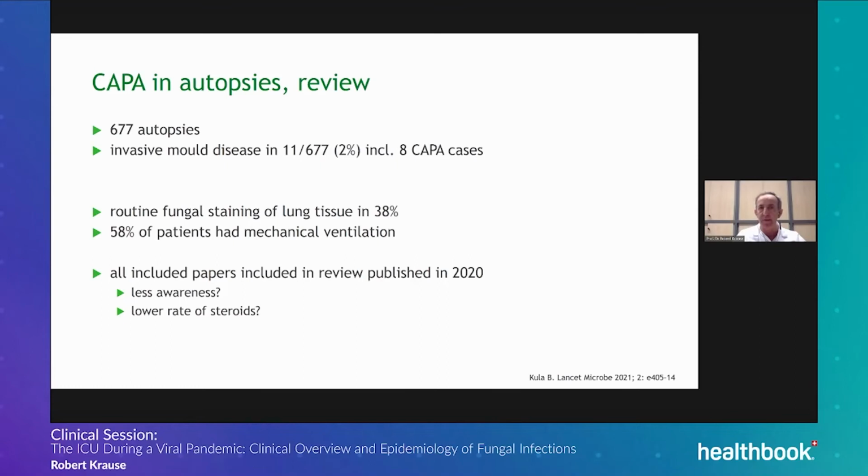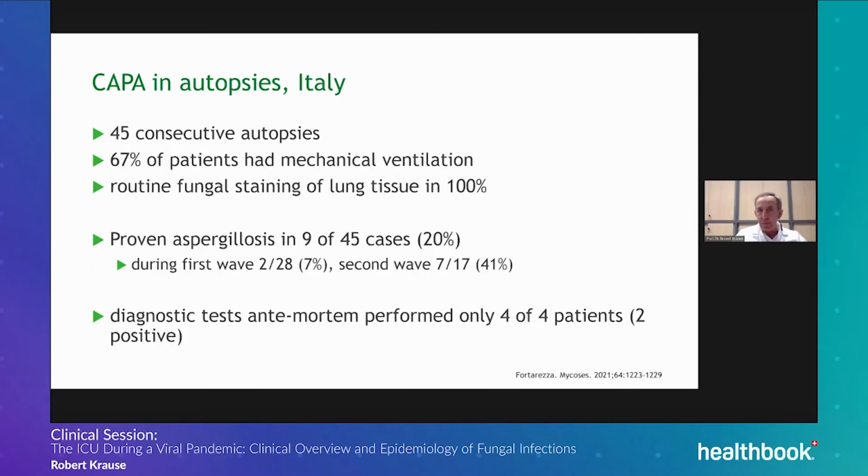A study performed in Italy showed a very high level of proven aspergillosis in COVID-19 cases. The colleagues there investigated 45 patients. 67% of all patients had mechanical ventilation, and the routine fungal staining of lung tissue was 100%.